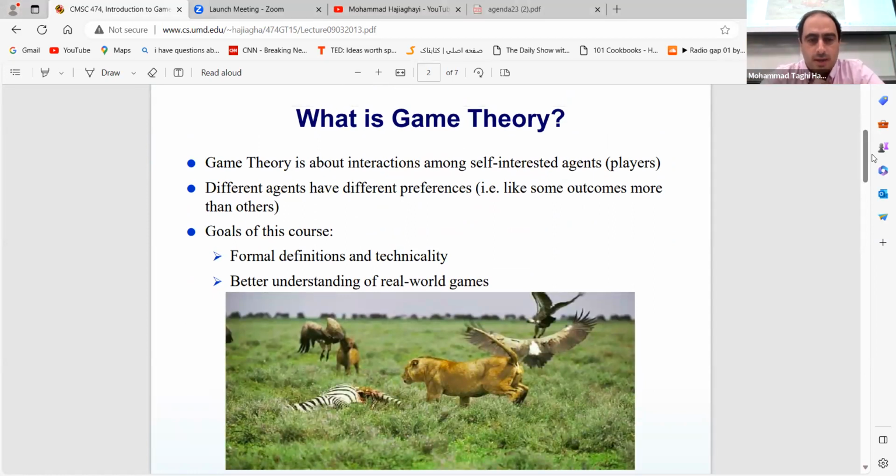So, what is game theory? Generally, we can consider that there are some people, or even animals or any creatures, or maybe robots. These are self-interested agents, or we call them selfish agents, which is a very natural assumption.